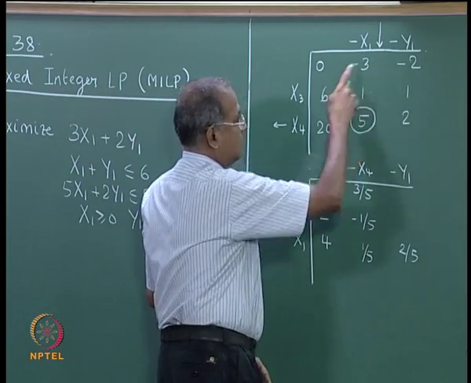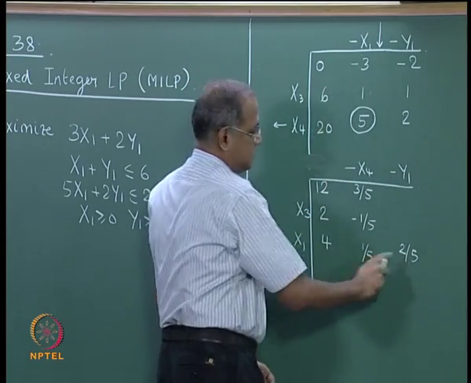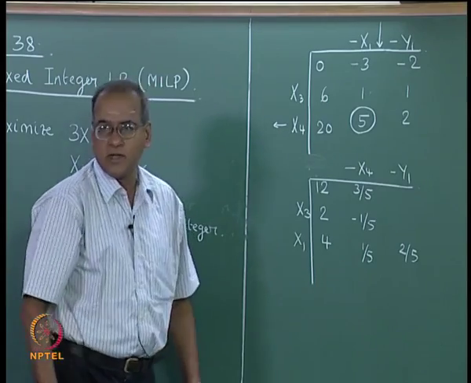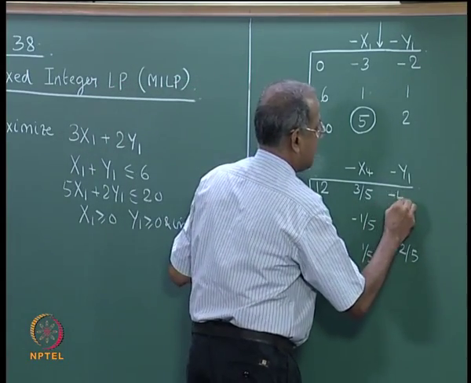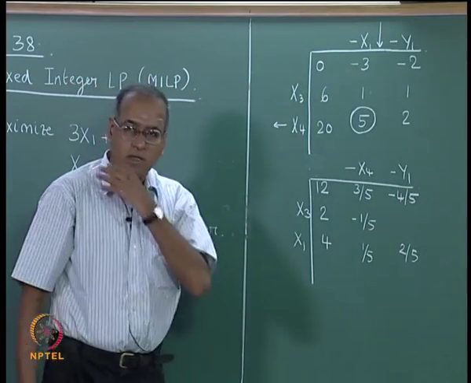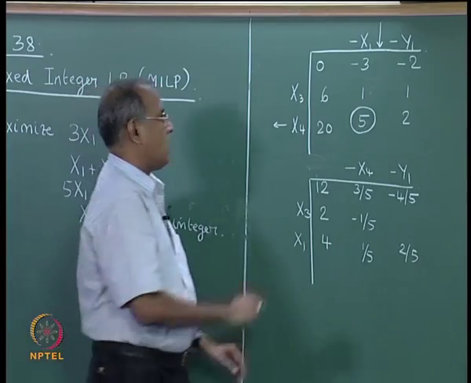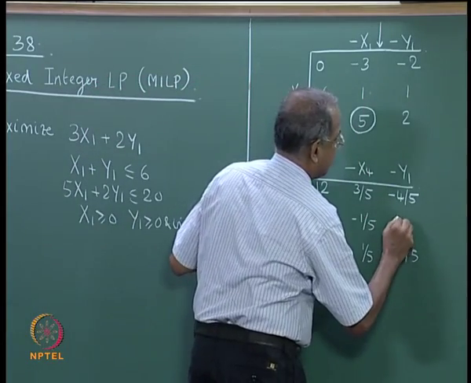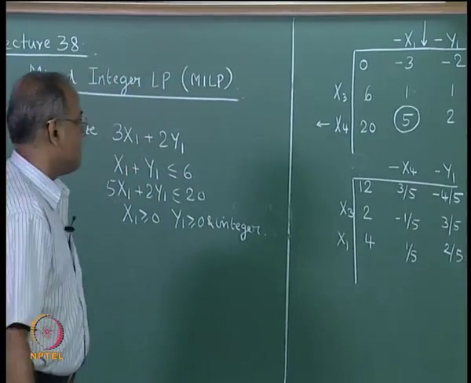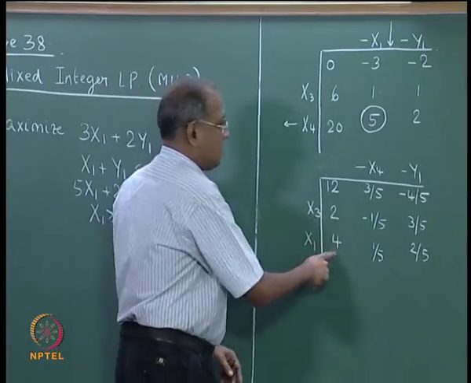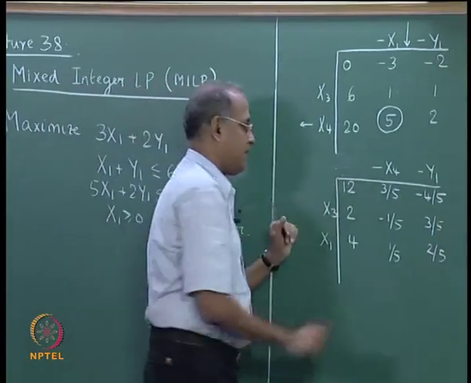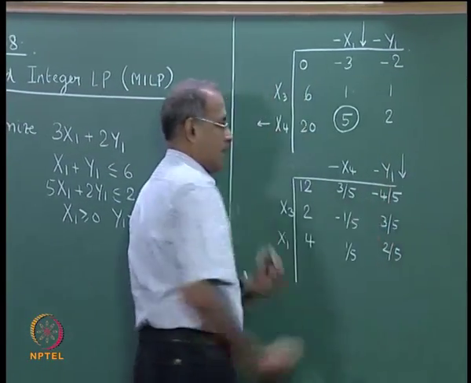This is minus 2 minus 3 into 2 by 5, which is minus 2 plus 6 by 5, which is minus 4 by 5. 1 minus 1 into 2 by 5 is 3 by 5. So once again this is primal feasible, dual infeasible. So the negative dual will enter. There is only one entering variable, so variable y1 enters the solution.